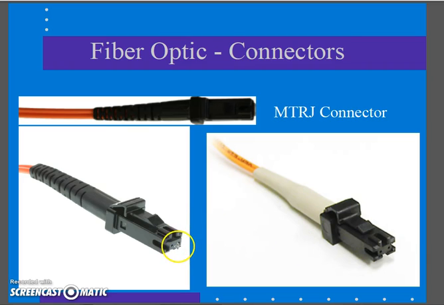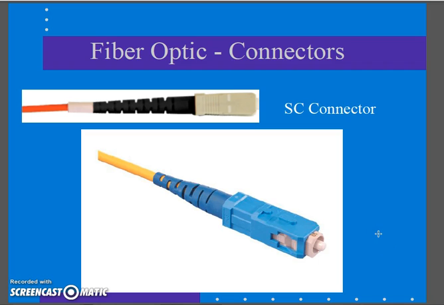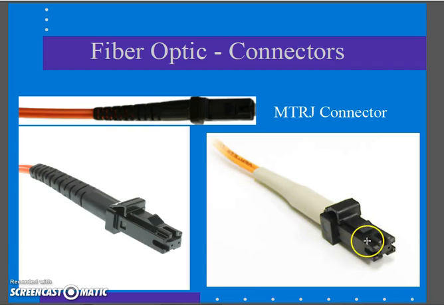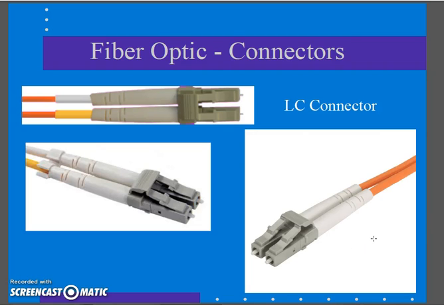This was kind of popular because both fibers were in 1 connector. There's 2 little dots down there, both fibers, send and receive. So in the space of 1 SC connector that we had here, we have our 2 fiber connections. So a lot smaller footprint on my switch or my outlet jack, and I can have both fibers in. But a little bit tougher for fiber alignment.